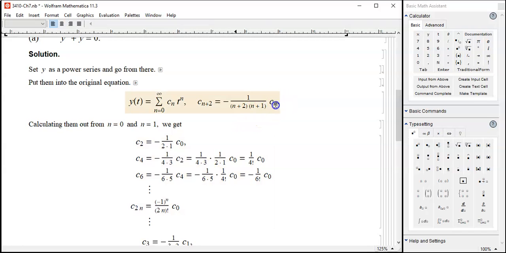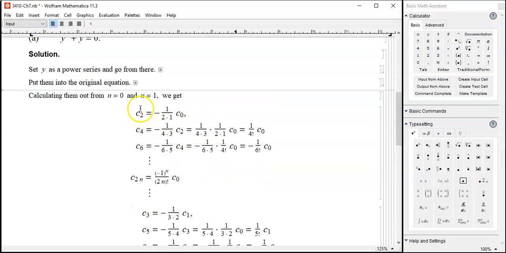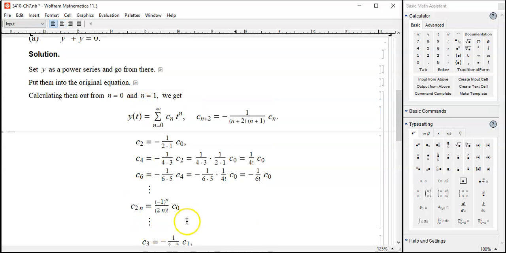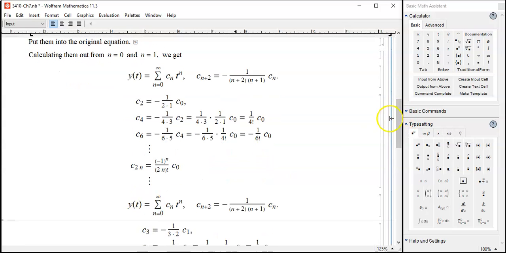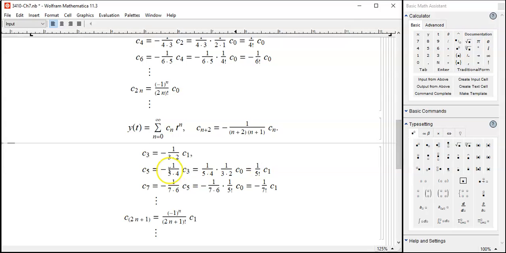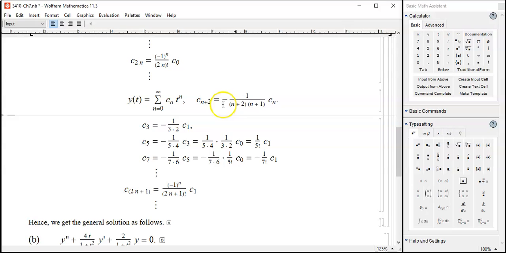Now that's because we started from C0, but if we start from C1, then n will have to be 1, that'll have to be 1, put it over here, and then we're going to get the first line. N is equal to 1, 1, so we get the first line.